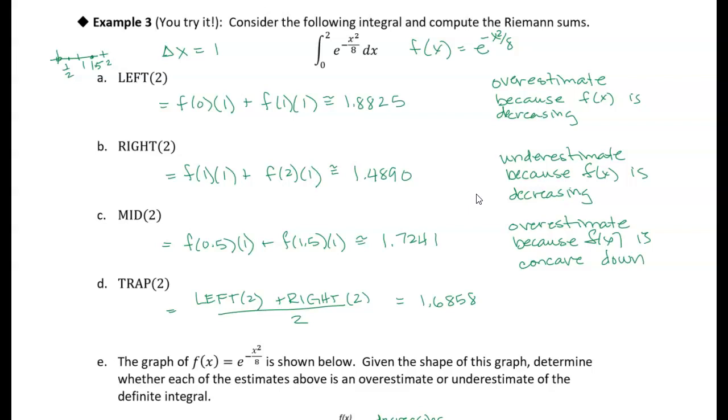Okay, and then the trapezoid rule is going to give us an underestimate. And again, because it's concave down, the line that connects the two data points is going to be below the curve. And so we're going to get an underestimate because f of x is concave down.